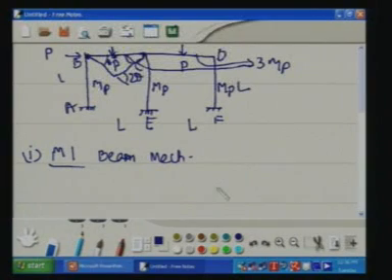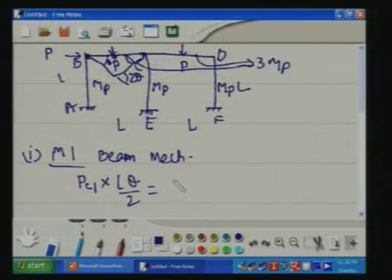So, very quickly if we write the first virtual work equation, the external virtual work done will be equal to PC1 multiplied by L theta by 2, that will be equal to MP multiplied by theta.